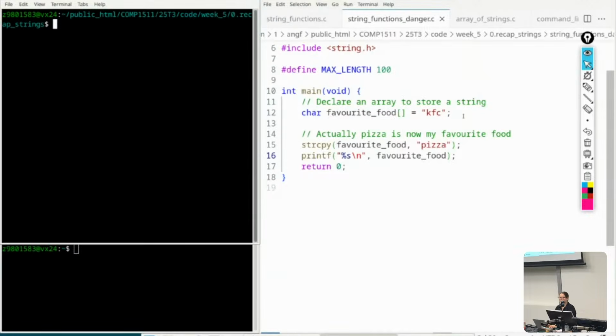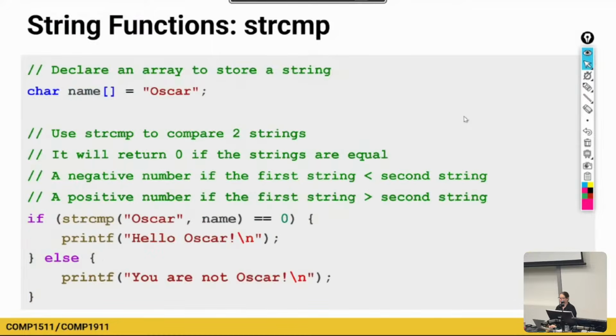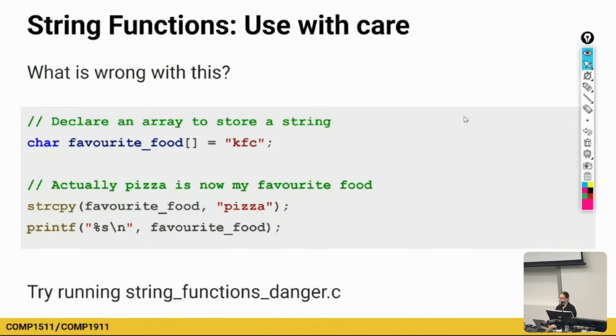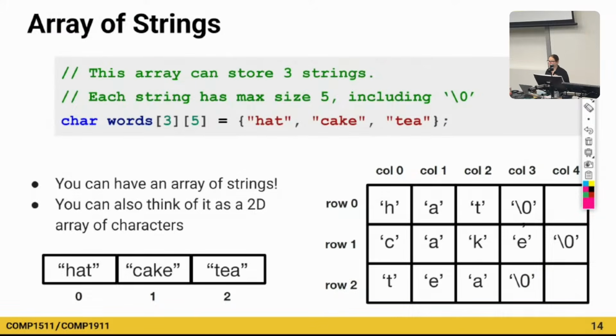All right, now since we love strings so much, let's do arrays of strings. So an array of strings is basically also a 2D array of characters. You can think about it either way.